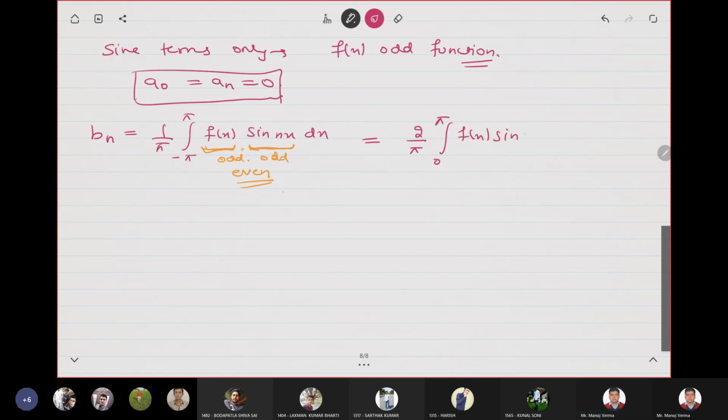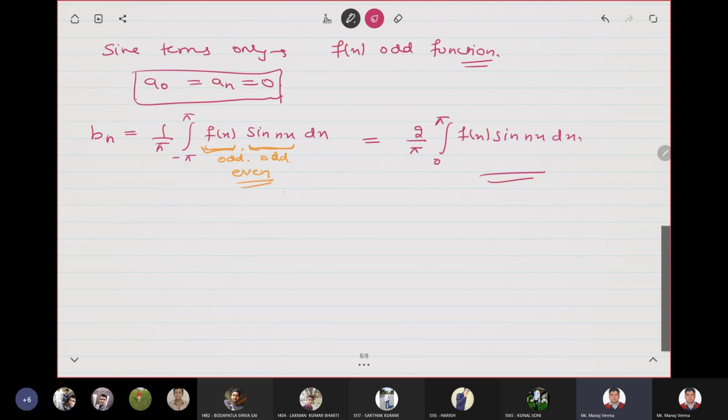f(x) sine nx dx. Okay, actually you should think in reverse: if we want to express any function in sine terms only, then a0 and an have to be 0. That's why for expressing a function in sine terms only, we force the function to be an odd function.